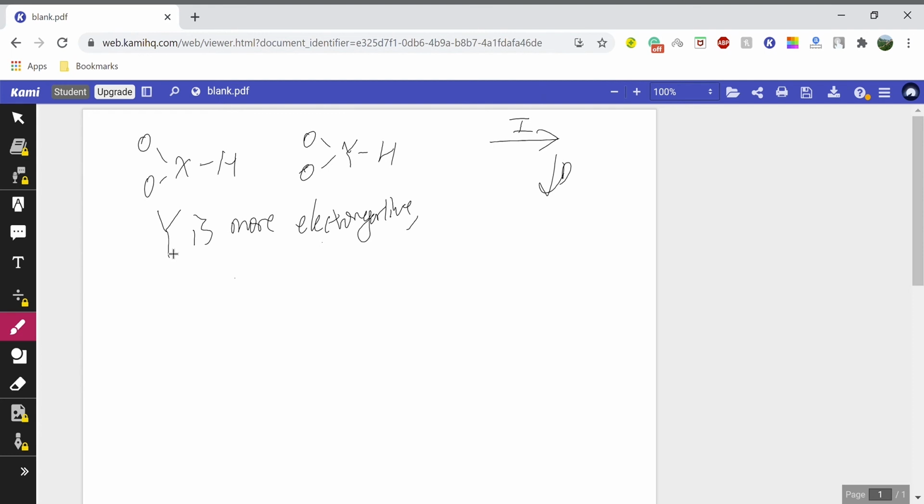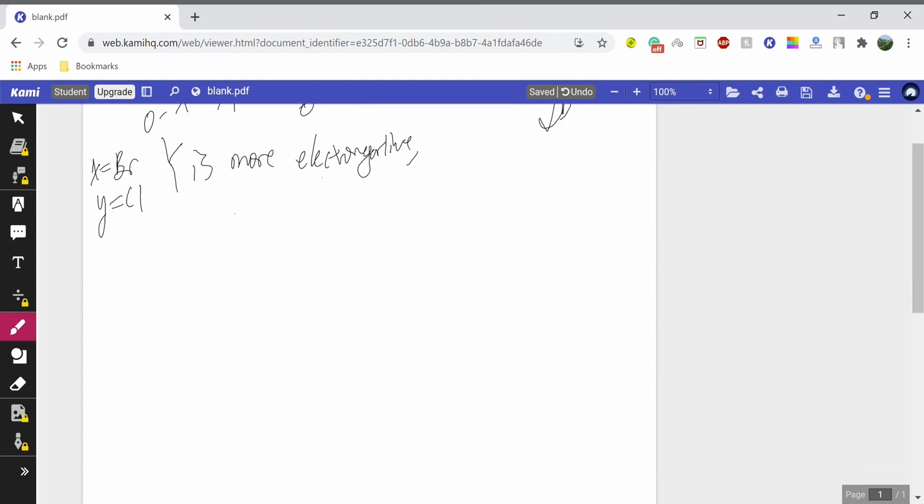Now over here, let's replace X and Y with X equals Br and Y equals Cl. And now Y is still more electronegative, right? Cl is more electronegative than Br because Cl is closer to fluorine on the periodic table than Br. Now Cl attracts the electrons it shares with oxygen to a greater extent, and this means the OH is therefore more polar.